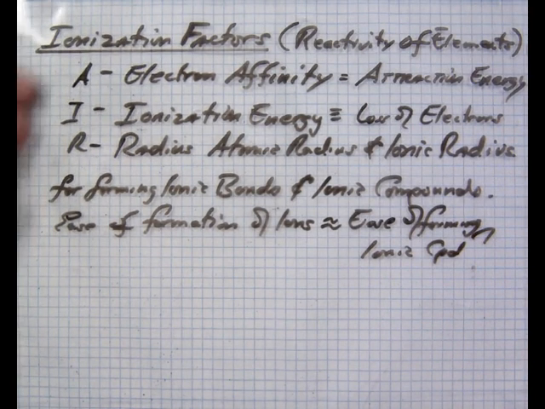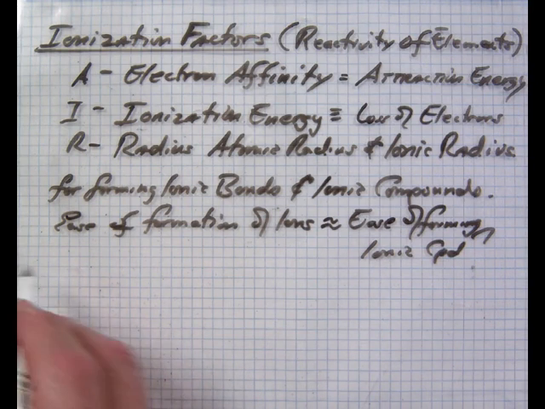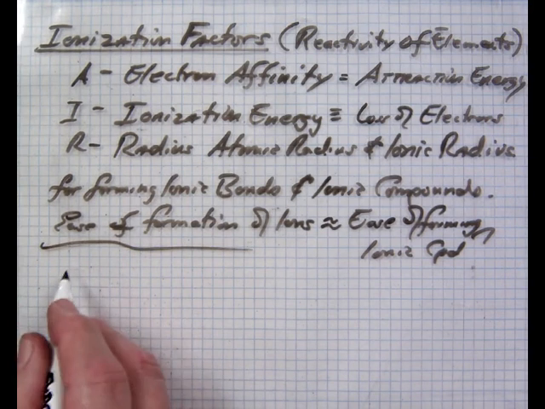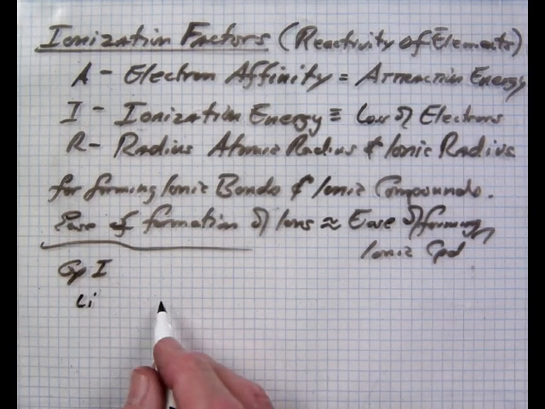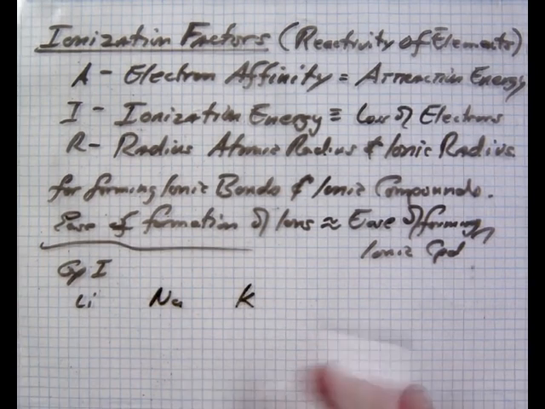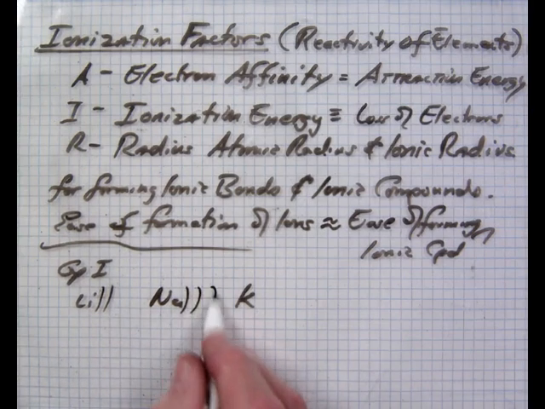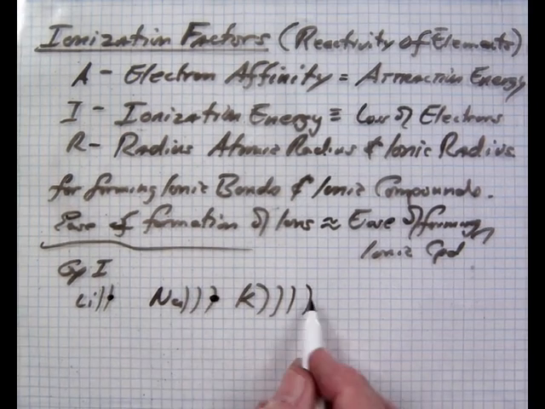So what factors up here applied to an element on the periodic chart would make it conducive to forming an ion and then, of course, an ionic compound? Let's go back to our group 1 elements, and we can look at lithium, sodium, potassium. Lithium has 2 rings, sodium has 3, potassium has 4, and all of them have 1 outer shell electron.